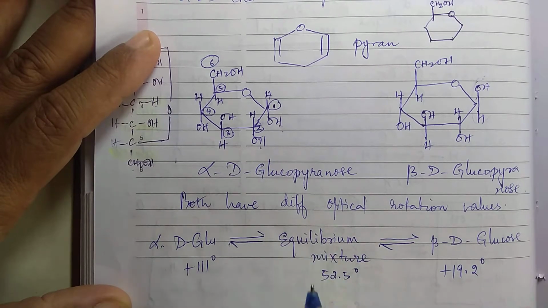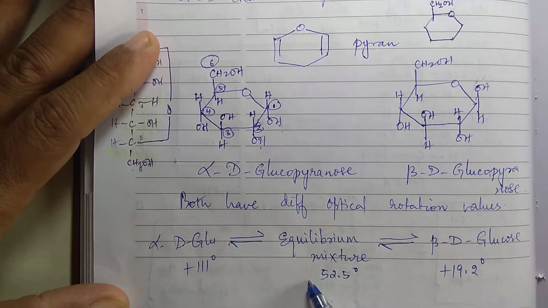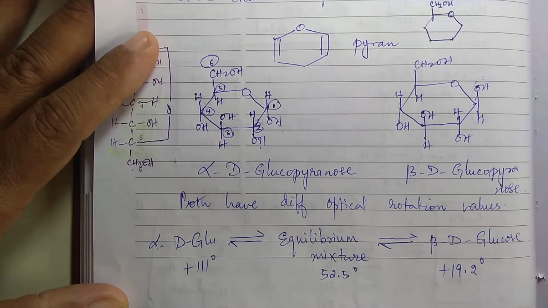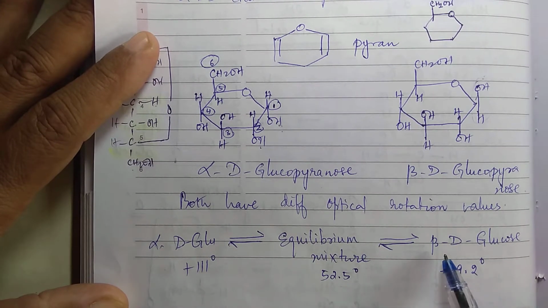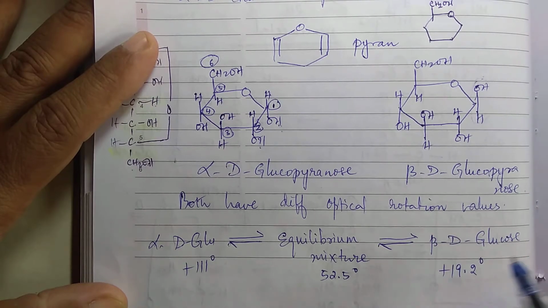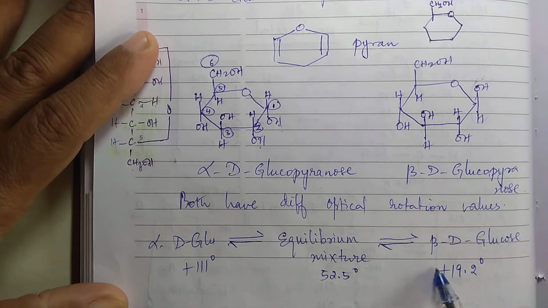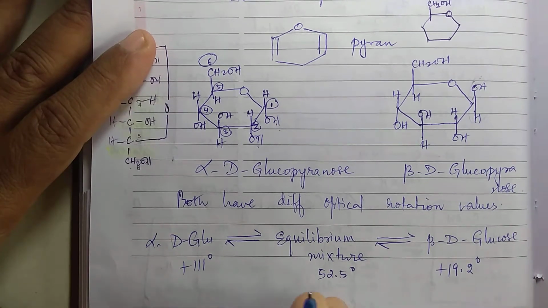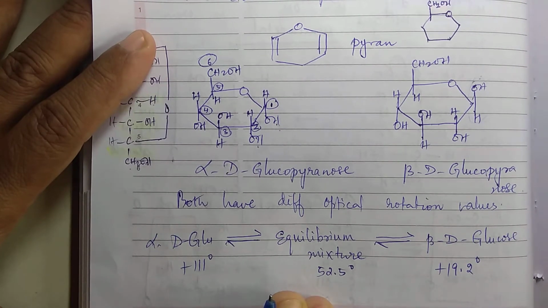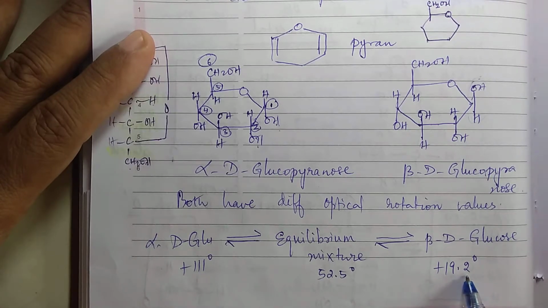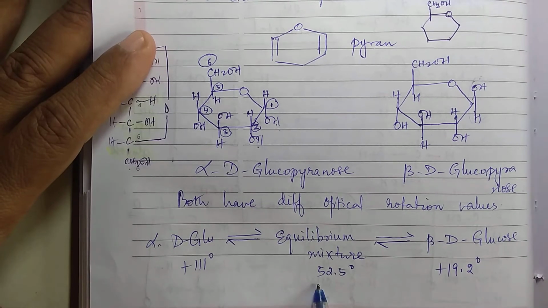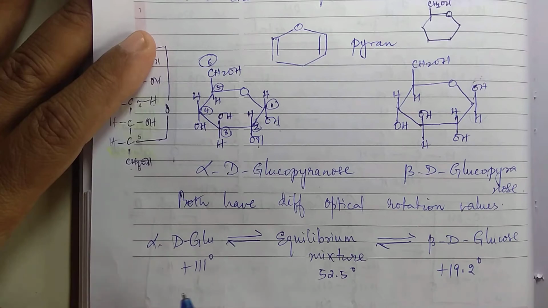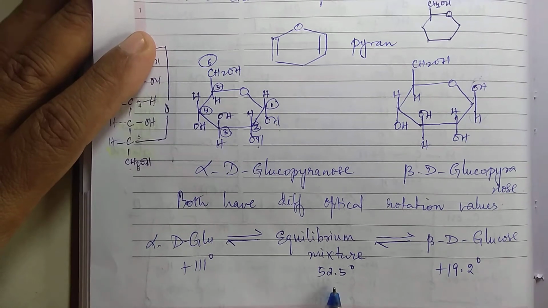It comes to an equilibrium form, and this equilibrium form shows an optical rotation of 52.5. Same way, you start with beta D glucose and put it in water. This has an optical rotation of plus 19.2, and this will also come to the equilibrium form. So it will increase from 19.2 to 52.5. If you put alpha D glucose, it will decrease from 111 to 52.5.